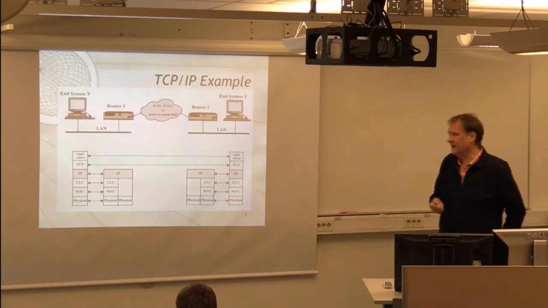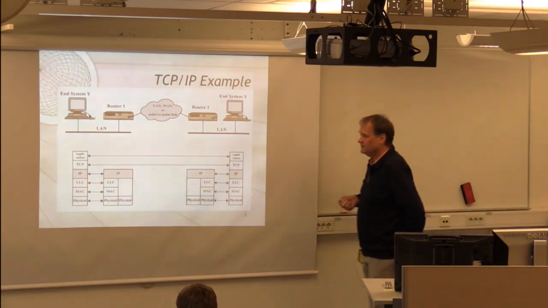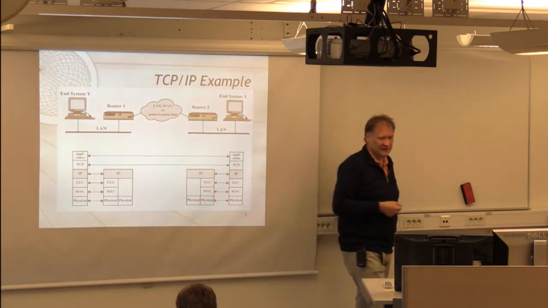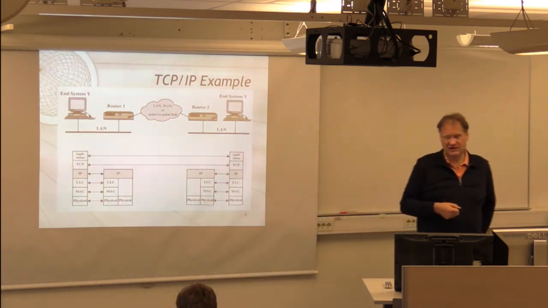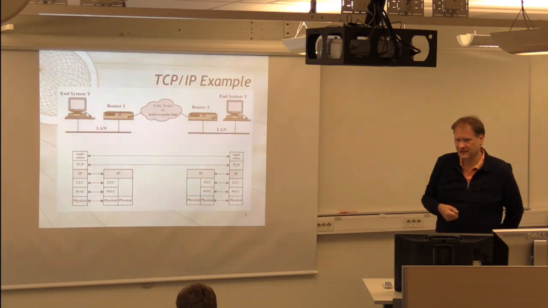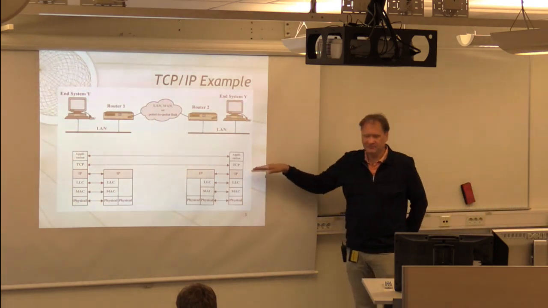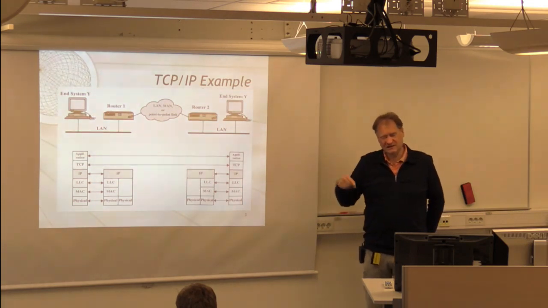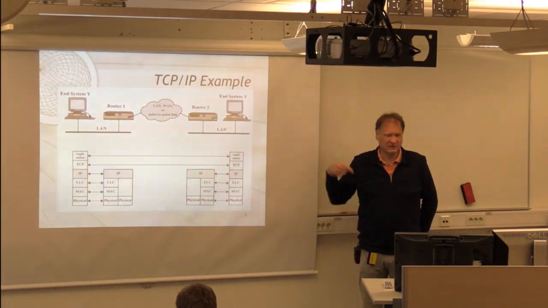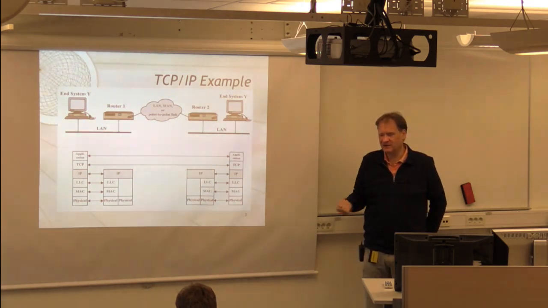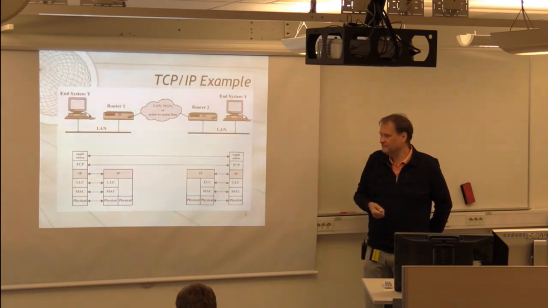And things can happen here in these nodes. For instance, that router could actually be a NAT router, which means that we actually change the IP address. So even if IP is in some sense end-to-end, we are communicating with the other side, the other IP address. We do have nodes on the way with different IP addresses, and the IP address can actually change.